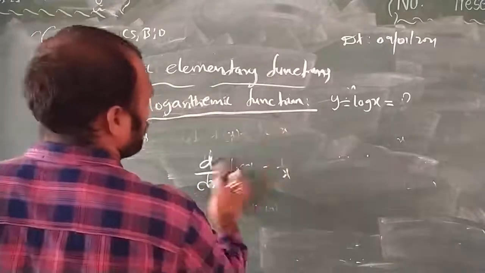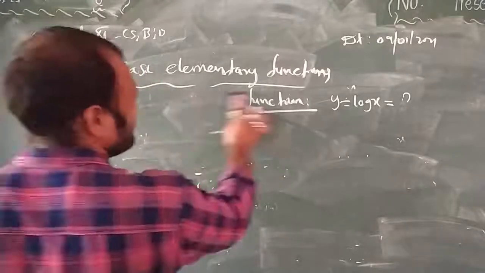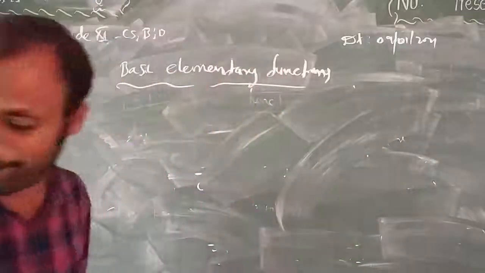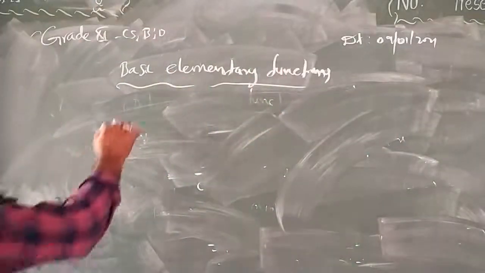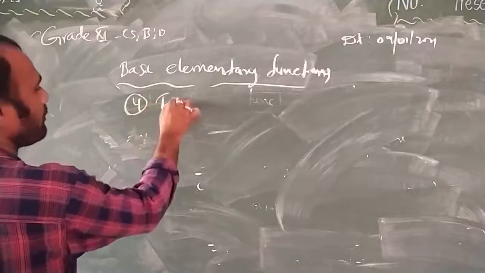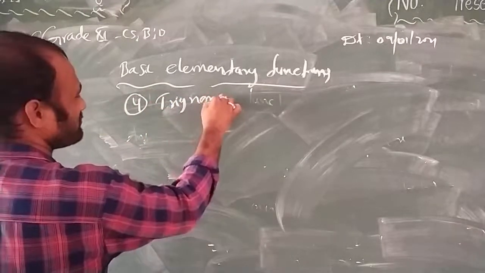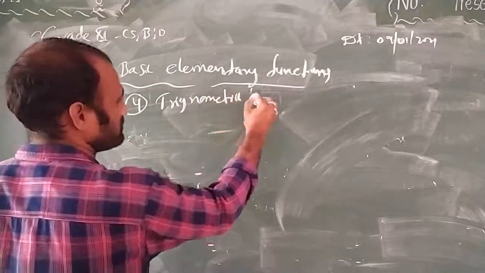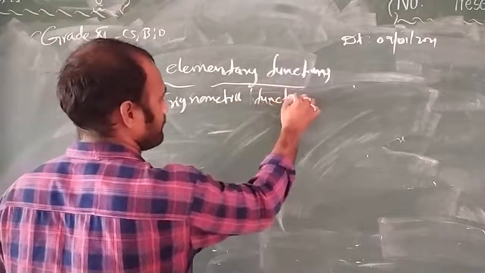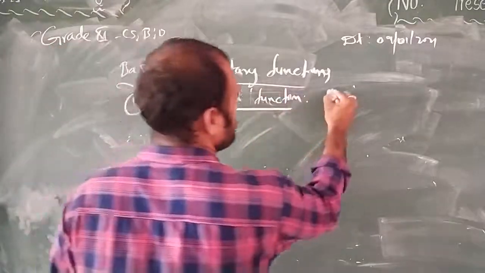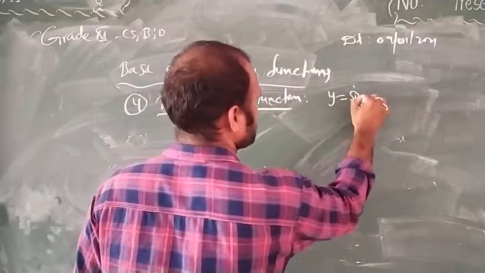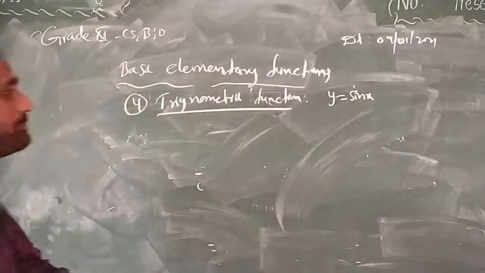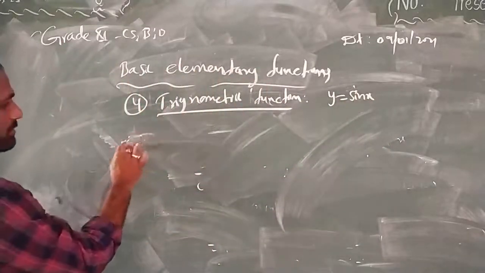Next, let us see one trigonometric function. Fourth one: derivative of the trigonometric function. So y is equal to sin x. Let us find out the derivative of this sin by using the first principle.